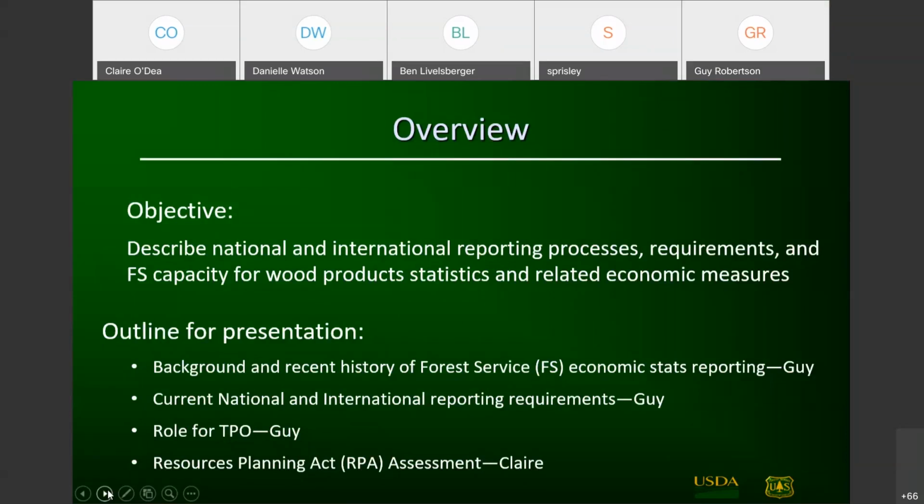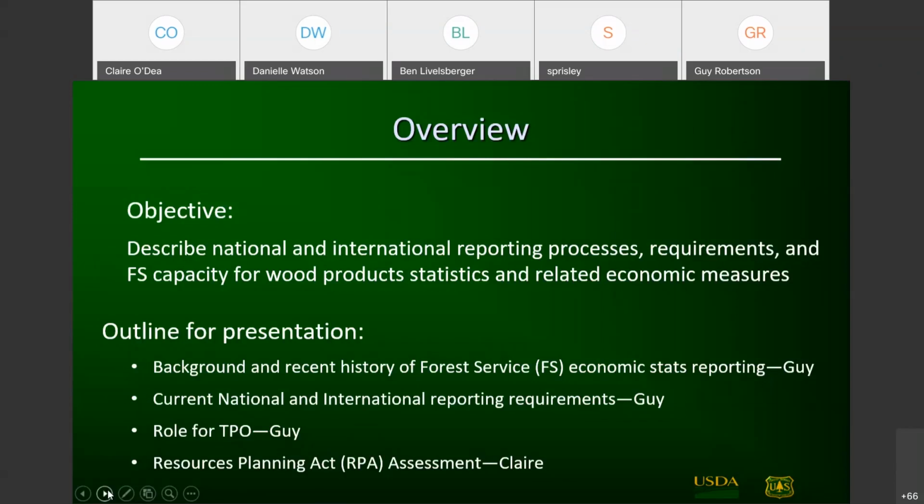It's a good thing this time I did write out my talk beforehand. Okay, so slide two. This is an overview slide. My aim in this overall presentation is to first describe the Forest Service's main national and international wood products reporting requirements. Second, generally assess our ability to meet these requirements.